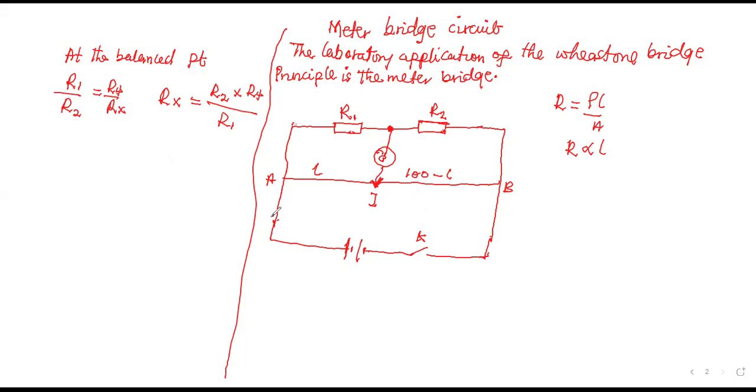The current I flowing through the circuit is this. When I gets to the junction A, it will break up into I1 and then I2.